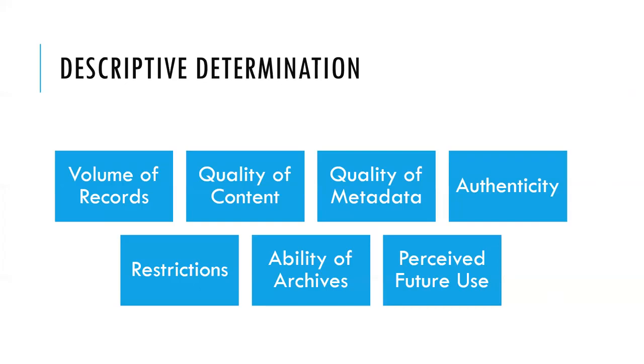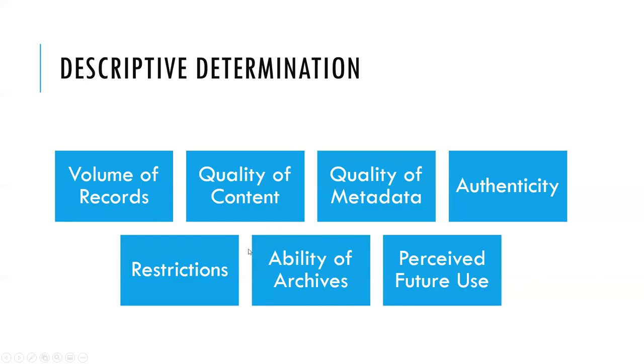If you as an archive find that you're not describing records to a thorough level because of these issues, then it really suggests that the deeper problem is that you're not doing appraisal as thoroughly as you should. You should know if the quality of the content of the records that you're getting is bad. You should know if you're getting a ton of records that you're never going to be able to describe very thoroughly because you just don't have the resources to do it.